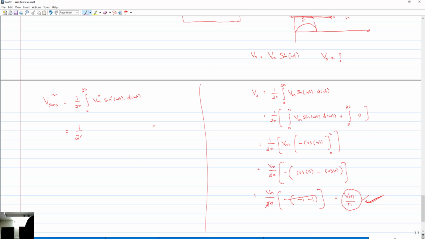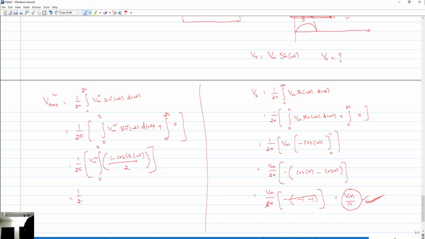So this will be 1 by 2 pi integral 0 to pi Vm square sine square omega t d omega t plus pi to 2 pi, this will be 0. Now 1 by 2 pi, Vm square taken as common, 1 minus cos 2 omega t by 2. It is again integral 0 to pi.